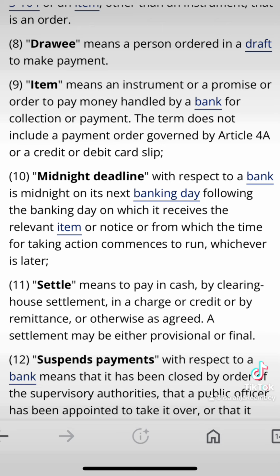So if you're receiving a promise to pay or an order to pay a specific amount, and it's an unconditional order, meaning that there's no conditions to the order being paid, they're not saying you got to do A, B, and C before you can pay it, right? Then that item can be paid by the one who purchased it if they in fact were to properly pay the item and deliver the item to their bank.